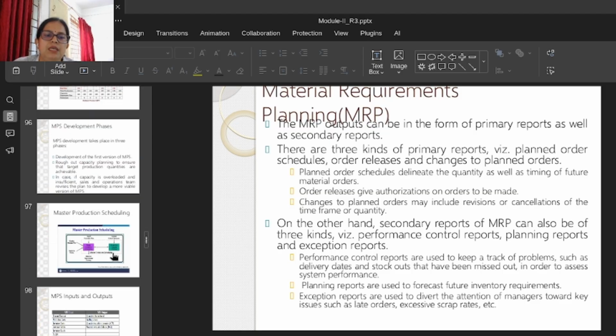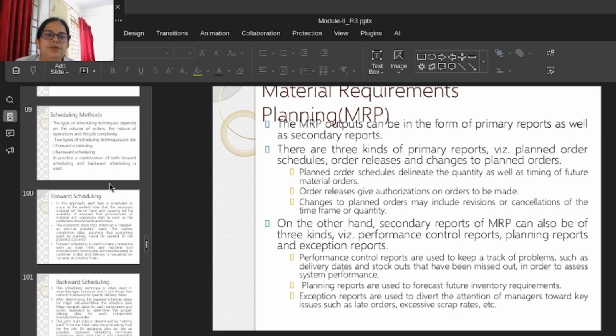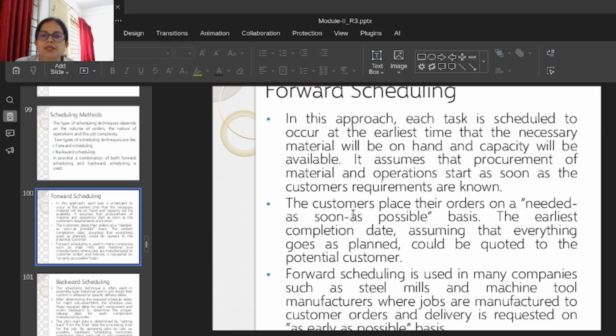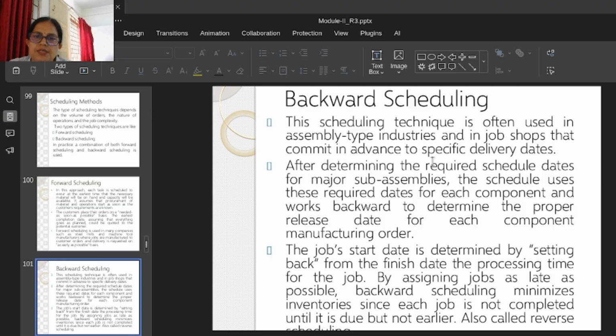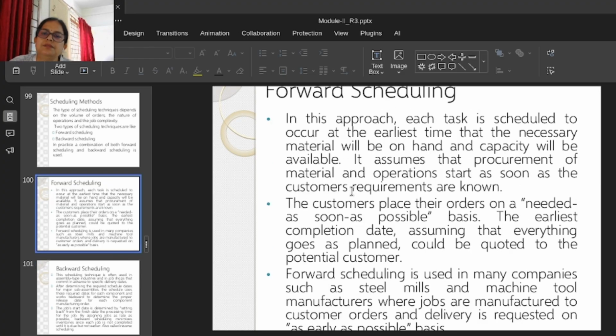Then we'll discuss forward scheduling and backward scheduling. In master production schedule, we follow two types of scheduling. One is called forward scheduling, one is called backward scheduling. In forward scheduling, as soon as we receive the order, the production process starts.